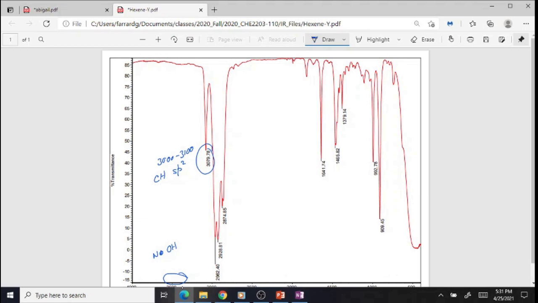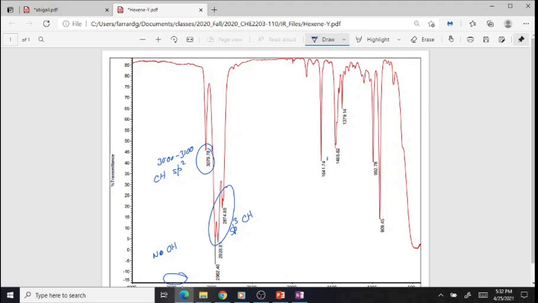So this would be carbon-hydrogen bonds on an aromatic ring or that are part of a carbon-carbon double bond. And so this suggests we have an alkene. Likewise, these peaks also in this region are CH, but because they are below that 3000, these are sp3 CH.